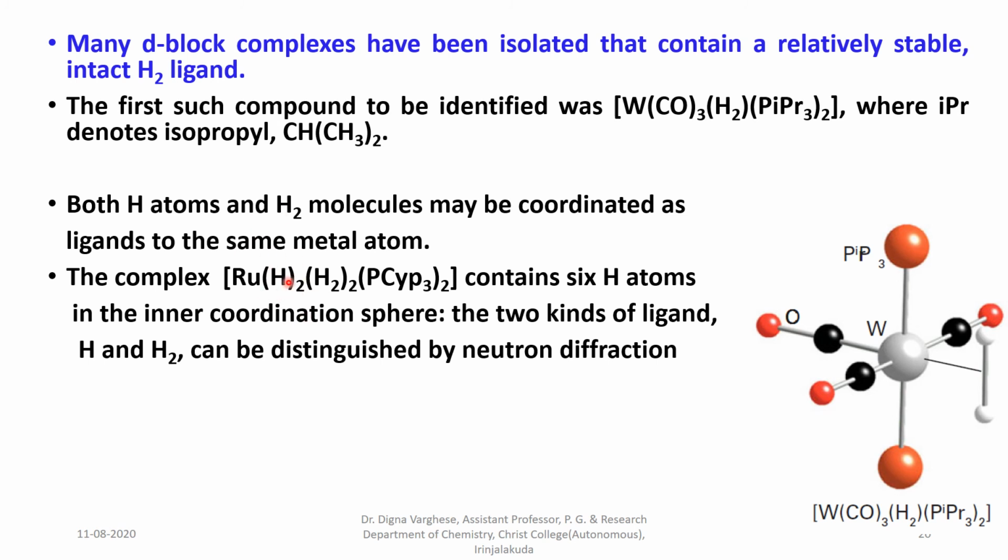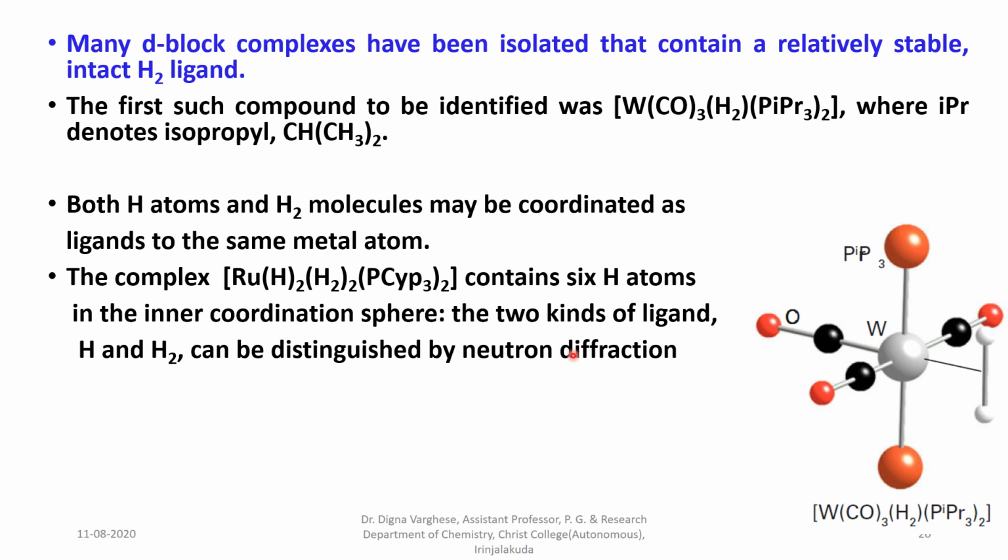The 2 kinds of ligand, hydride atom and hydrogen molecule, can be distinguished by the neutron diffraction method. So these d-block complexes with a relatively stable hydrogen ligand can be identified with both spectroscopic techniques and neutron diffraction methods. These are examples of oxidative addition reactions.